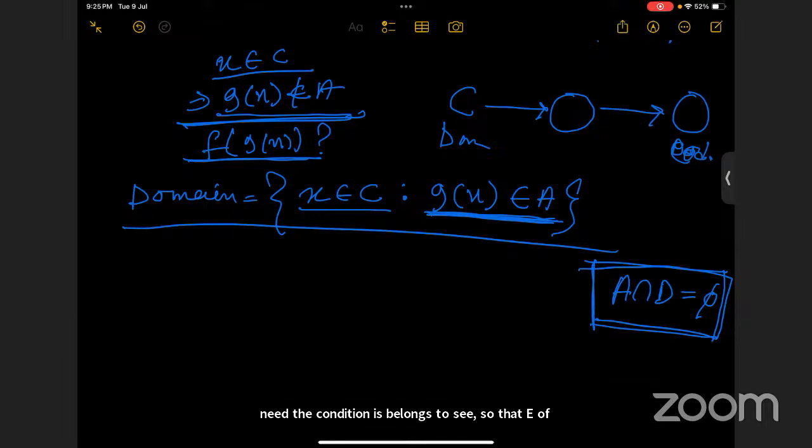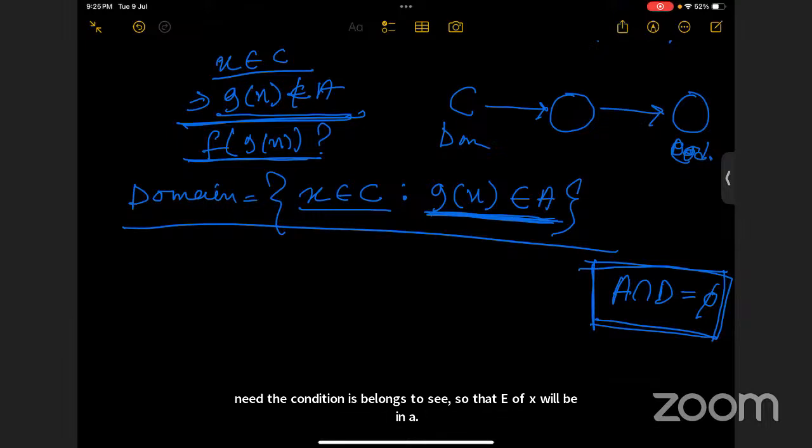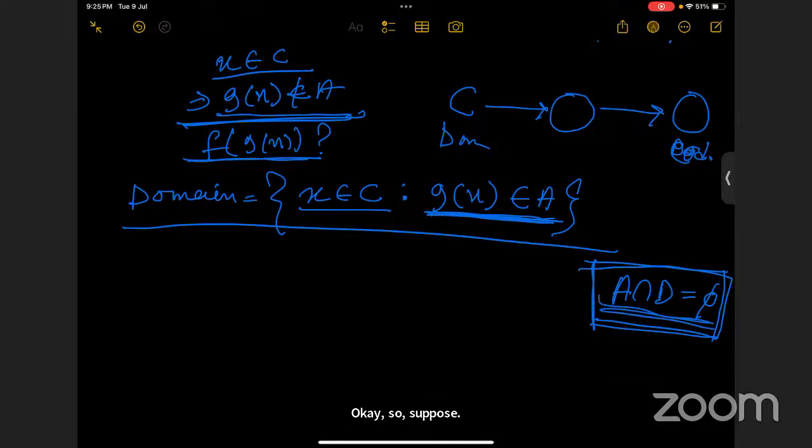Okay. So suppose A intersection D is empty. And g of x belongs to the range of g, right? Which is a subset of D. So if A intersection D is empty, is it possible that g of x belongs to A?